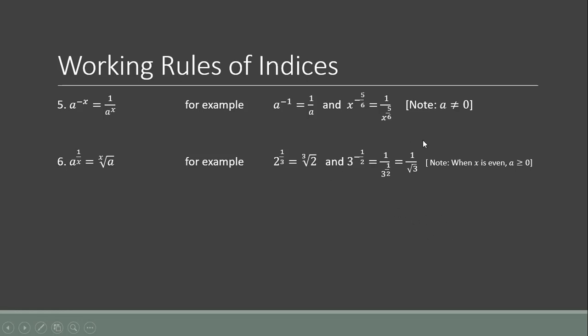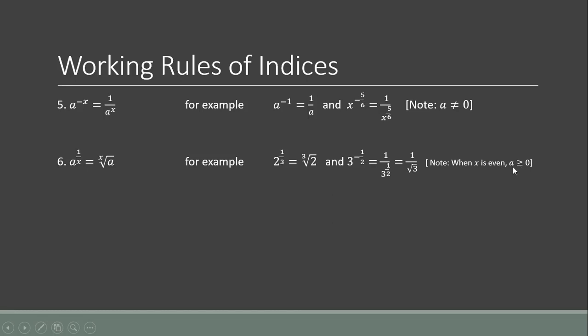And we have to note for these two rules that here a cannot be 0, because 1 by a to the power x, and a cannot be 0. If a is 0, then both terms will be undefined. And here look at this expression, if x is even, then we will get square root or fourth root, and then a has to be greater than or equal to 0.